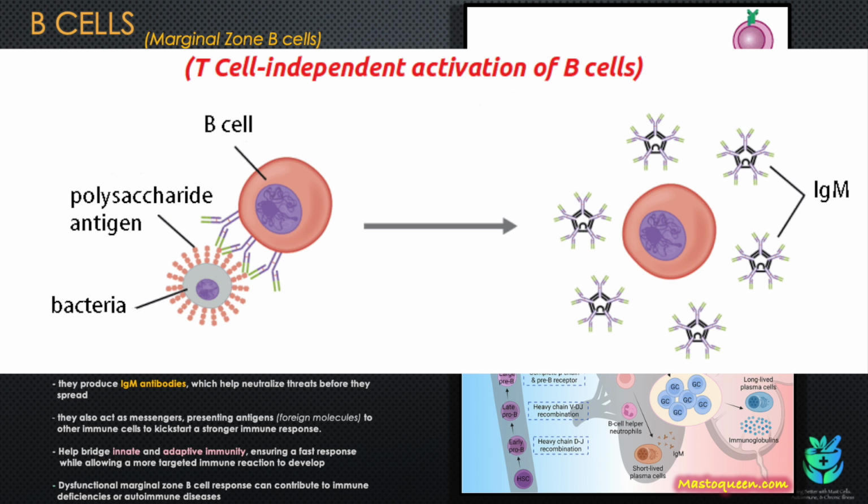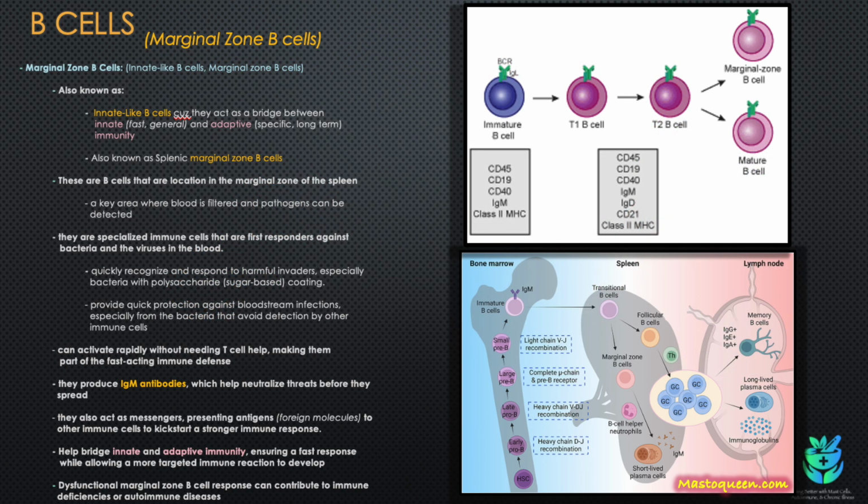They also act as messengers presenting antigens, or foreign molecules, to the other immune cells to kickstart a stronger immune response. They help bridge innate and adaptive immunity, ensuring a fast response and allowing a more targeted immune reaction to develop. Dysfunctional marginal zone B cell response can contribute to immune deficiencies or autoimmune diseases.